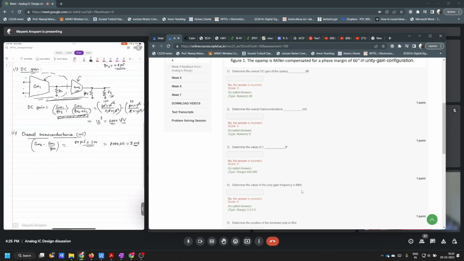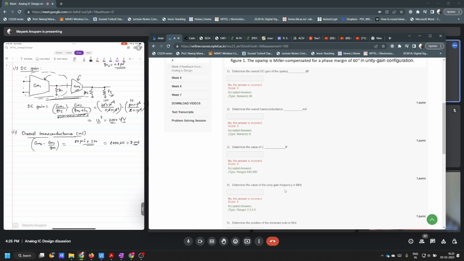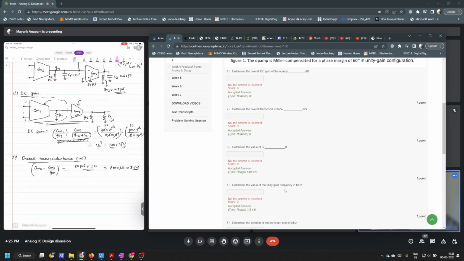Sir, but can you please explain the logic behind it? I'm not able to understand the logic behind this. Okay, so you see, this is the second block, GM2. This is a VCCS, right? A voltage controlled current source, correct.